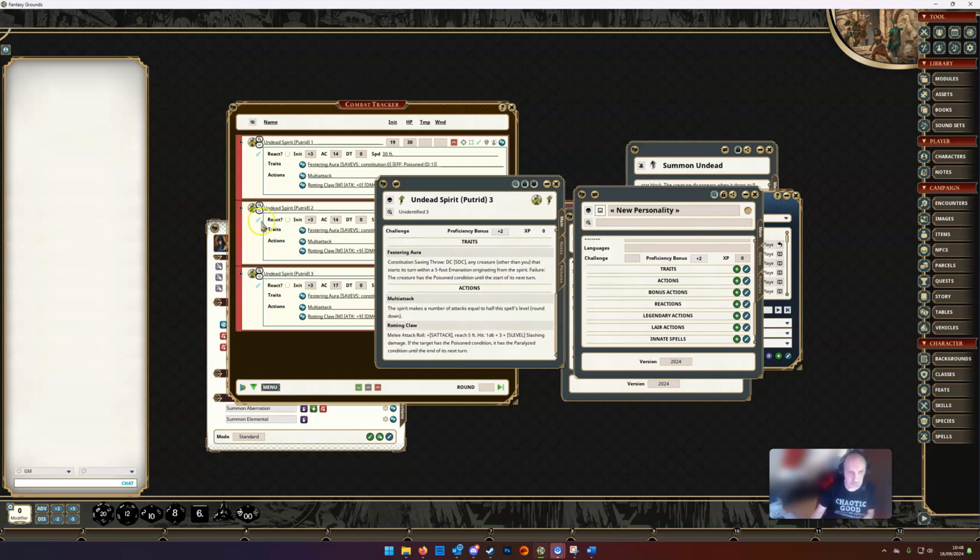Of course, this can only be done by the DM. It has to be pointed out. The player can't edit these creatures in any way, shape, or form. The DM would have to fill this information in and then share the NPC with the player so that the player would be able to use the NPC, or the DM could simply control the NPC if you wanted to.